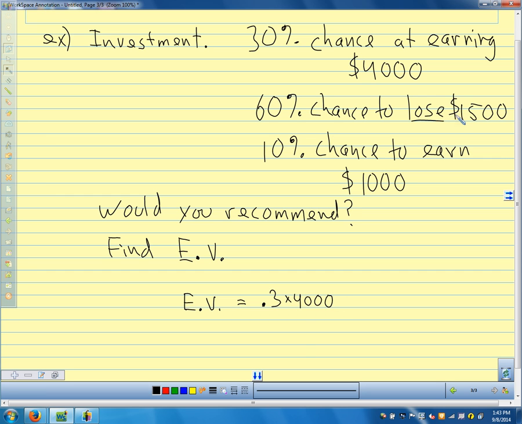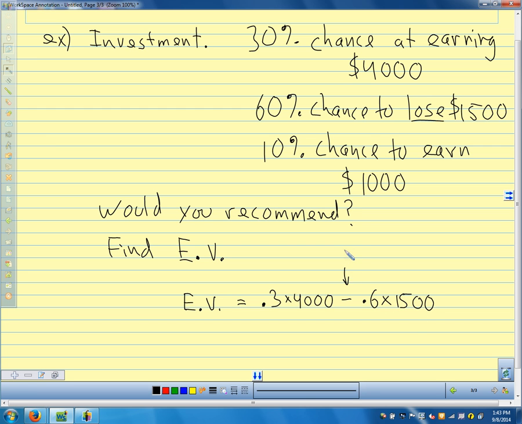This says we have 60% chance of losing 1,500. So what do you think I'm going to do with that expected value? Subtract. We're losing. It's taking away from our value. So because we're going to lose $1,500, we're going to subtract that 0.6 times 1,500.